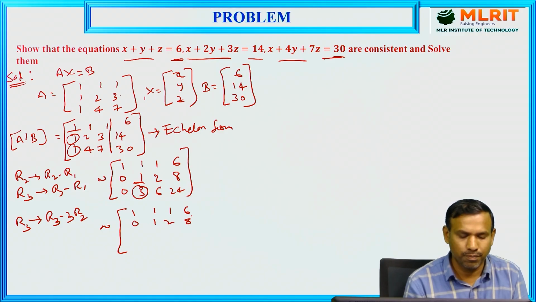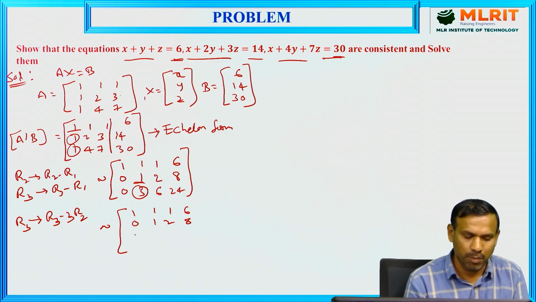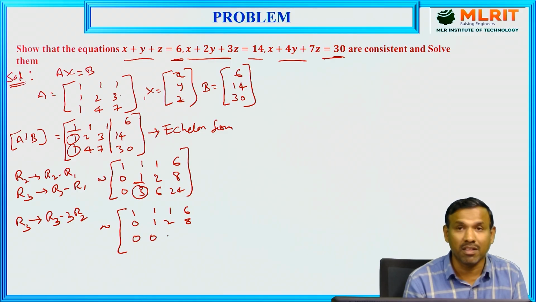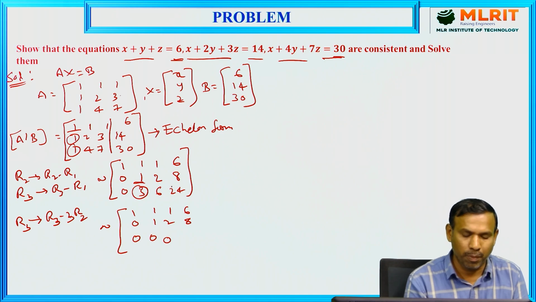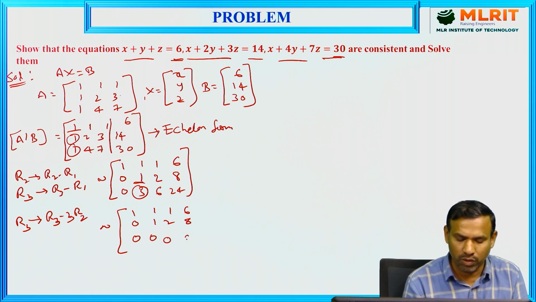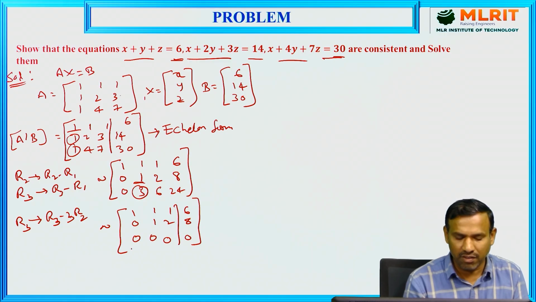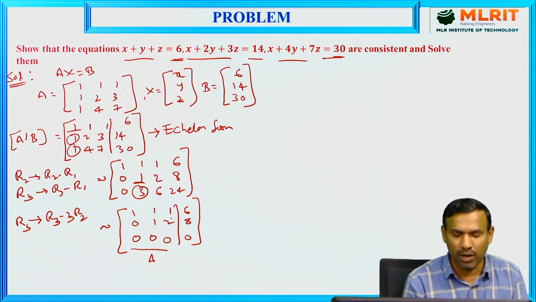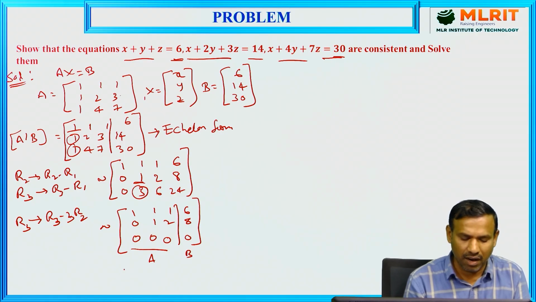Third row, R3 minus 3R2: 0 minus 0, 3 minus 3 is 0, 6 minus 3 into 2 is 6, 6 minus 6 is 0, 24 minus 3 into 8 is 24, 24 minus 24 is 0. Now clearly it is in echelon form. If you consider the first 3 columns, that is the rank of A. If you consider all the columns, that is the rank of A by B.